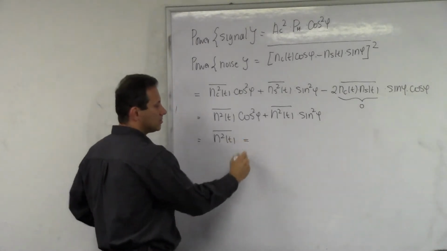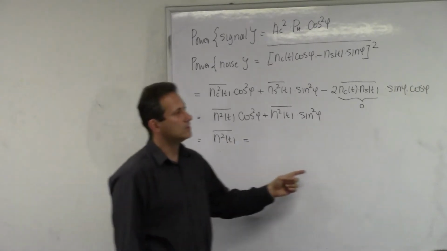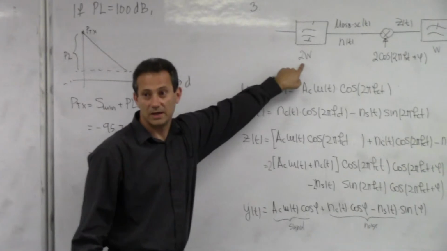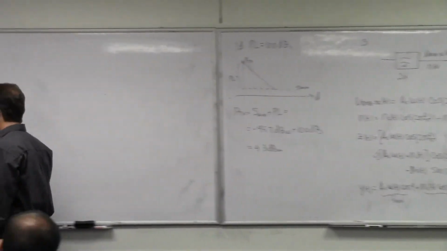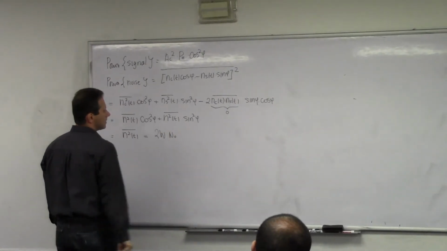If I calculate this power in the frequency domain, what is it? What is the power of this signal n of t? 2W times N0. Excellent. So it's 2W times N0.